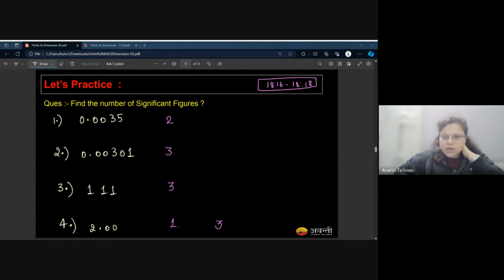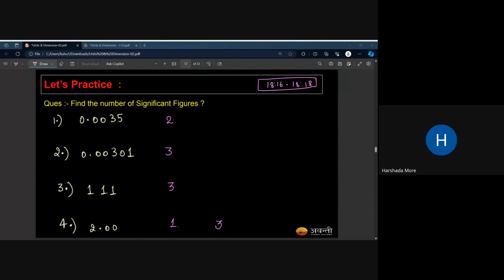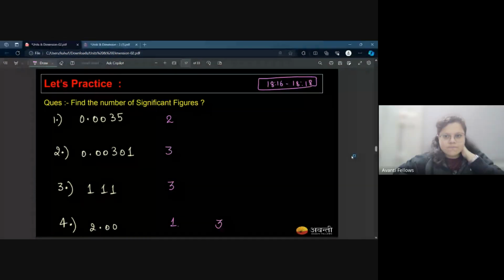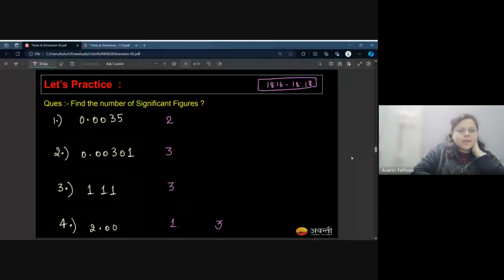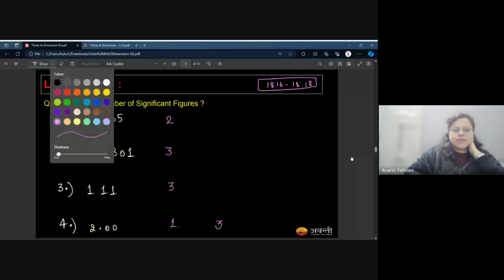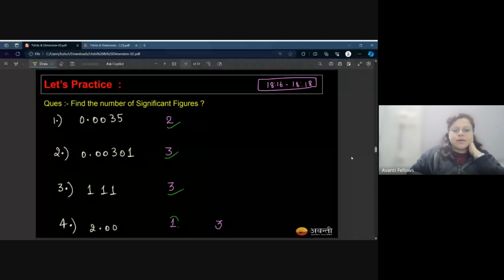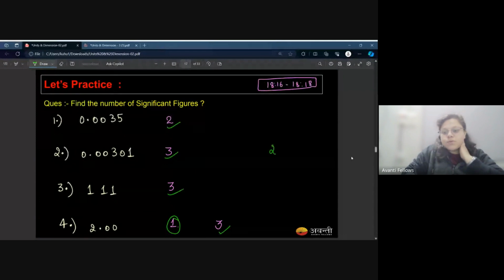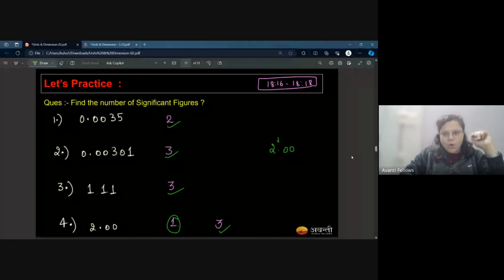Okay. Anusha, Harshda, and Misbah, are you all okay with the answers? Yes, ma'am. All are correct. Okay. Aditya, very nice. You are absolutely correct. It is 2, it is 3, it is 3. But see, it is 3 also. Why? Because it is 2.00. I told you whenever you have a decimal point, after that you will count all the zeros.